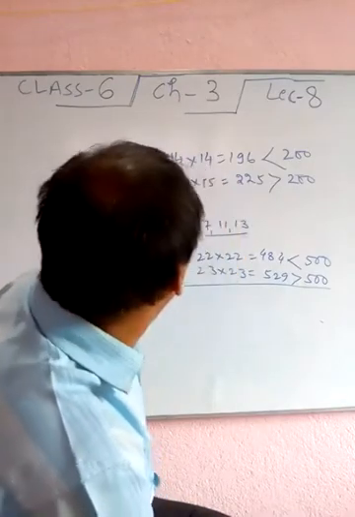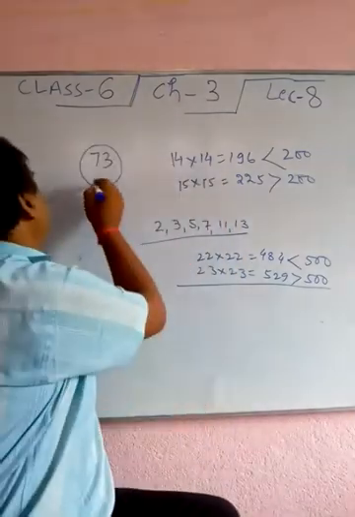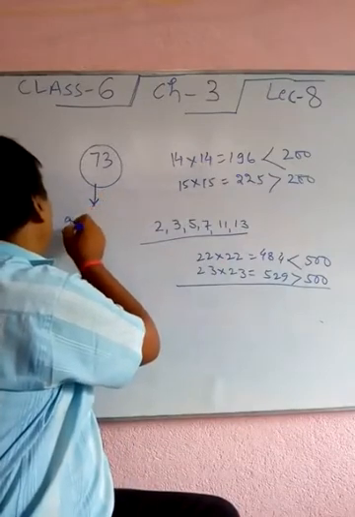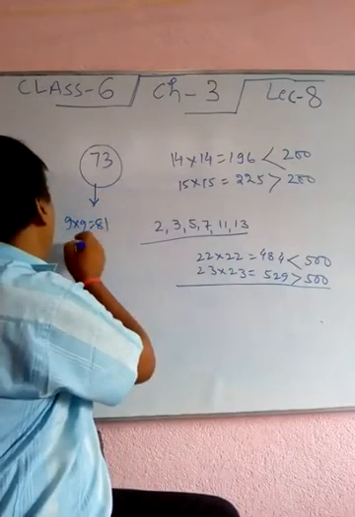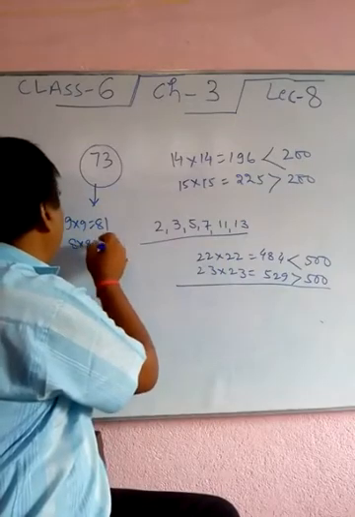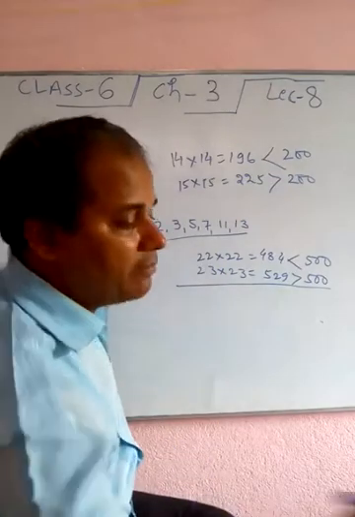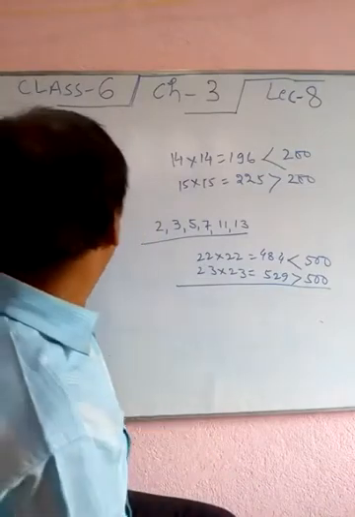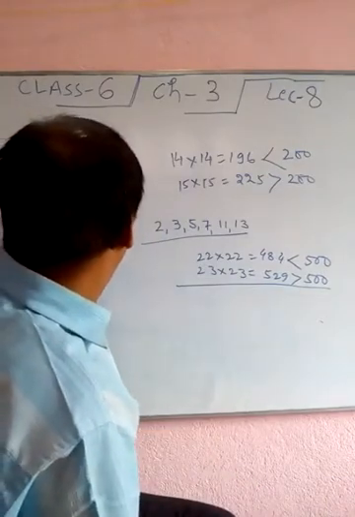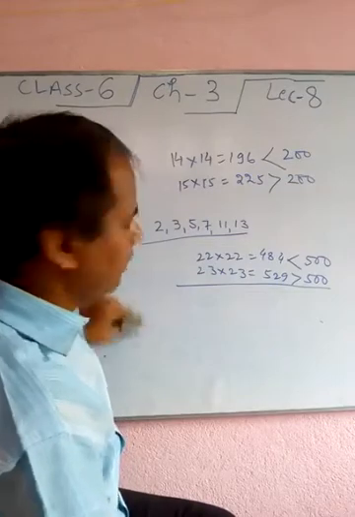Here you have to see that 9 into 9 is equal to 81, and 8 into 8 is equal to 64. So we have to divide that number by the prime numbers less than 9.